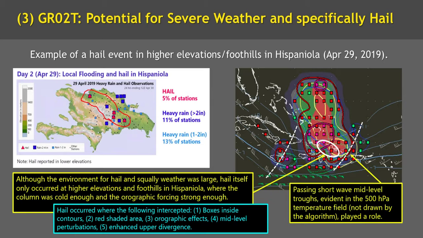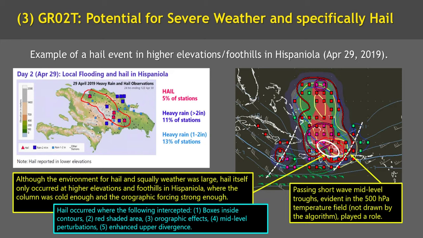And if you look at the output of the algorithm, we ran it retrospectively for that period of time, you can see that the hail occurred in this region whenever you have an overlap between the shades of colors, the little boxes, the red and fuchsia boxes inside the contours, and also you had land and orography. So orographic forcing was important.